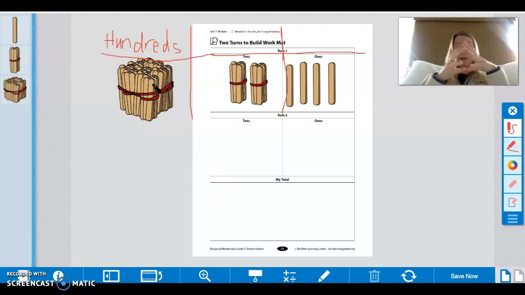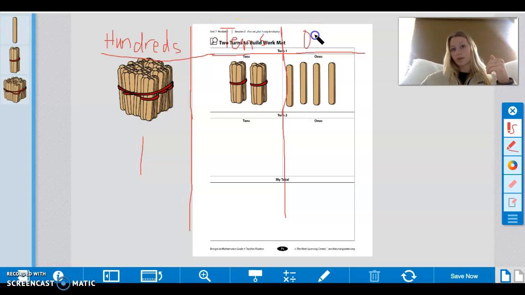How many groups of 100? Good, we see one group of 100. So right underneath in the hundredths column, I'm going to write the 1. Okay, I'm going to divide those lines going down to remind me this is my hundredths, this is my tens, and these are my ones. We've talked a lot about tens and ones this year, but this is kind of an introduction to hundredths.